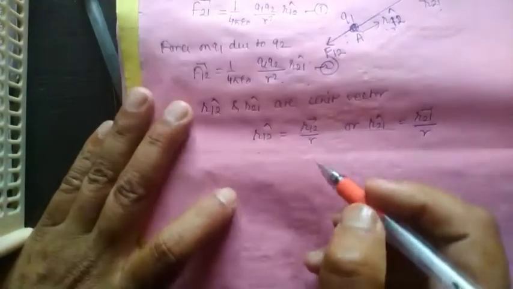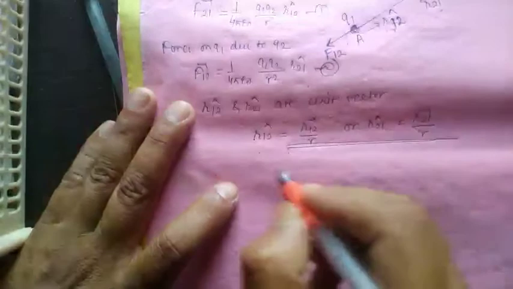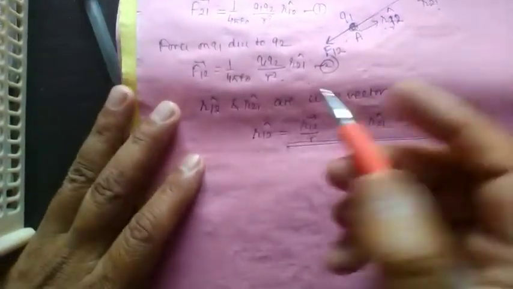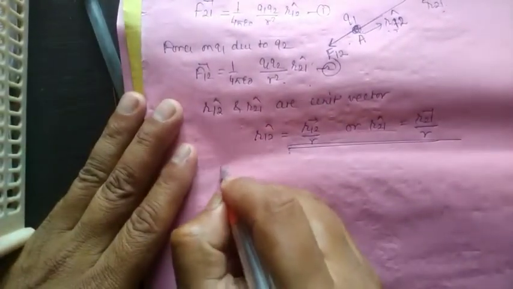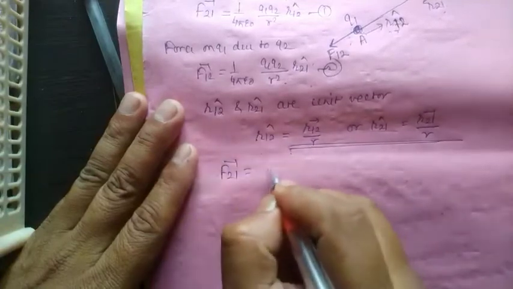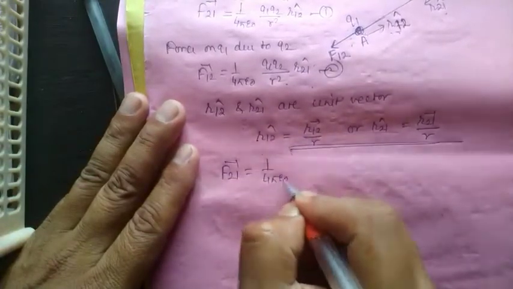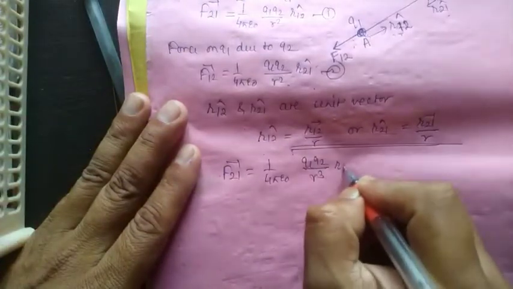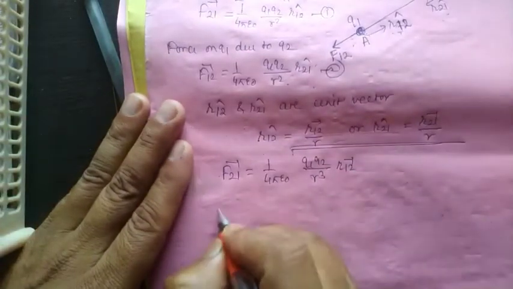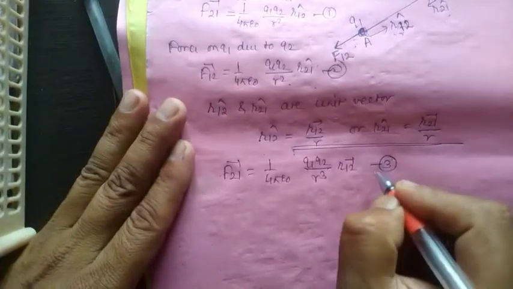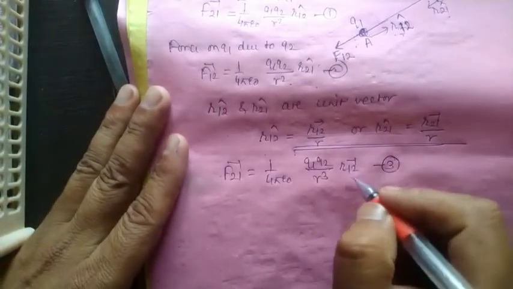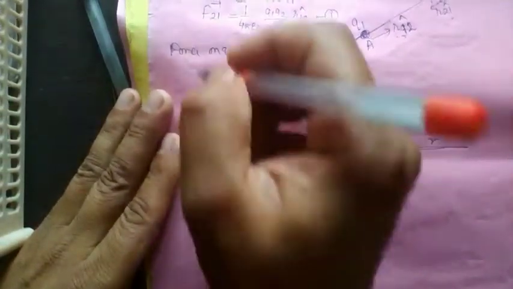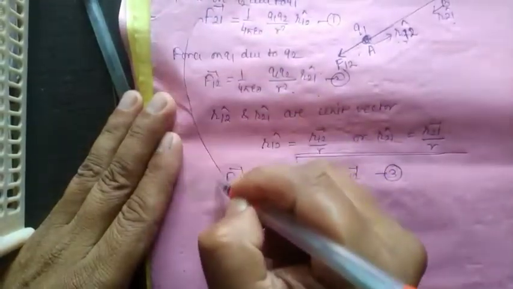Now on the basis of these unit vectors, the first equation will be F21 equals 1 upon 4 pi epsilon naught q1 q2 upon r cube r12, which is the third equation.